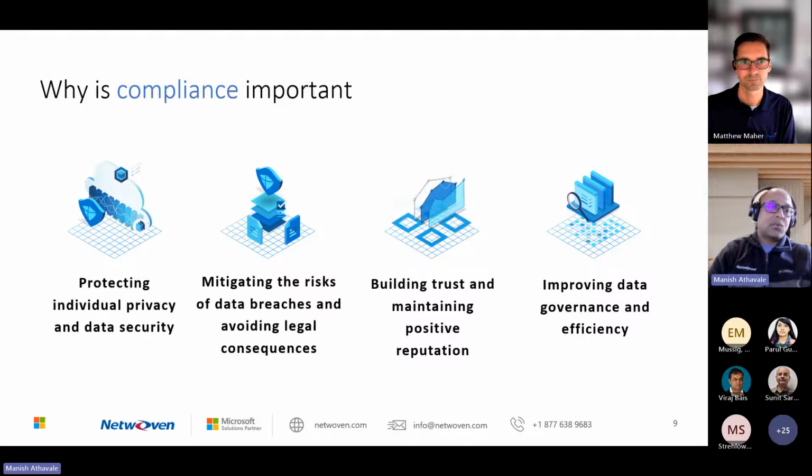So some of the reasons why data compliance is so important is, first of all, protecting individual privacy and data security, right? So you want to mitigate risks of identity theft, fraud, other malicious activities by securing your personal data, right? So your customer personal data.